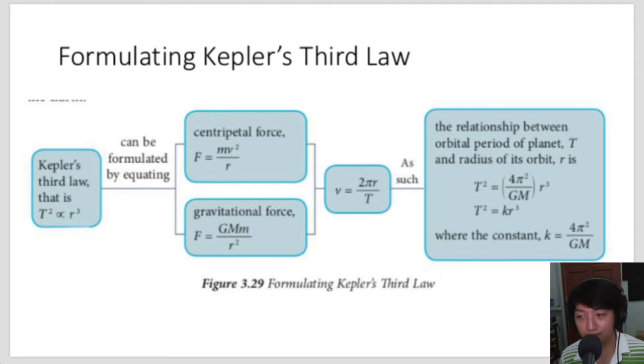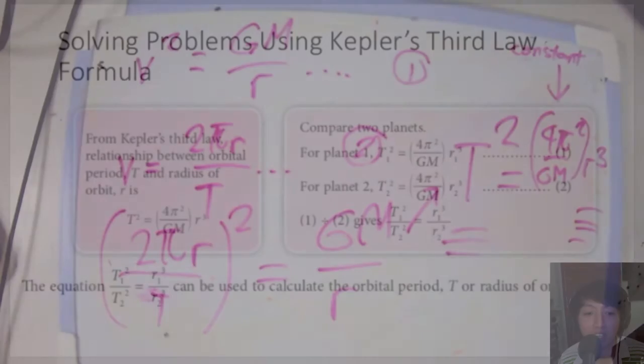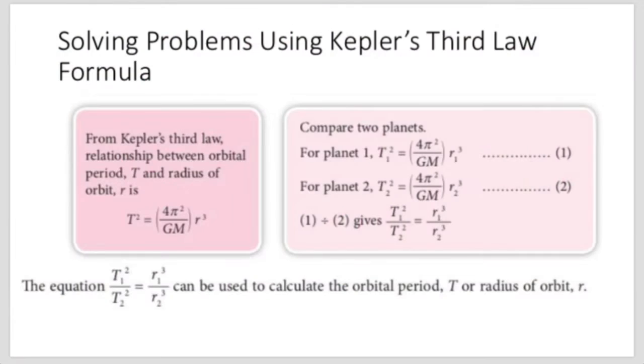Right? Now, all of that is interesting and good, but how do we use it? How do we solve problems? Okay. First, take a look at this. This is also in your textbook.